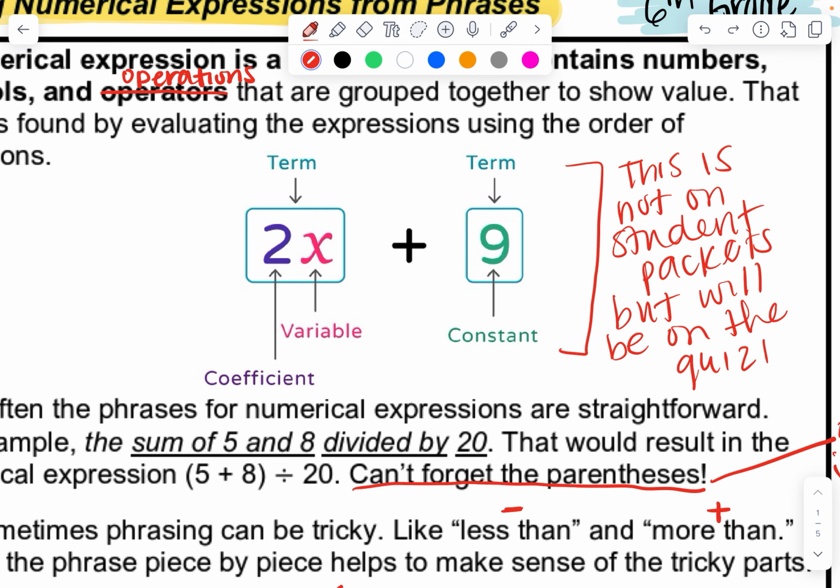However, you should use the DotCam to present this image to students because on their iReady Elevate quiz in a few days, they are going to have to be able to identify how many terms are in this expression, what is the coefficient, what is the variable, and what's the constant. And so please present this to students today and tomorrow so that they are familiar with the language in order for them to be successful on that iReady quiz.